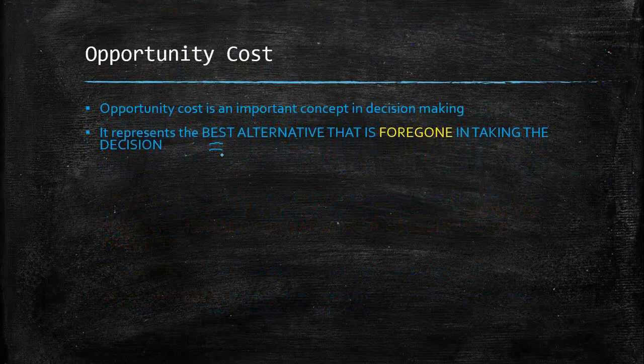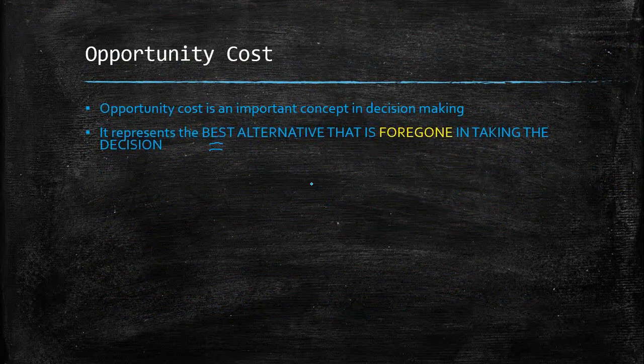So if you come for a tuition class during office hours, what is the best thing you are going to forego? Maybe your salary, so that is your opportunity cost. Maybe you forego something better than the salary, maybe a bonus. Whatever the best thing you forego is your opportunity cost.